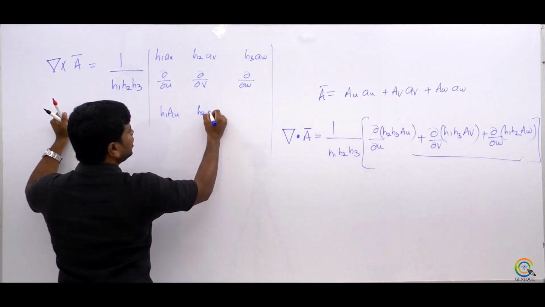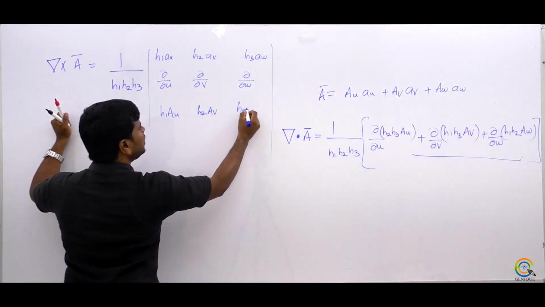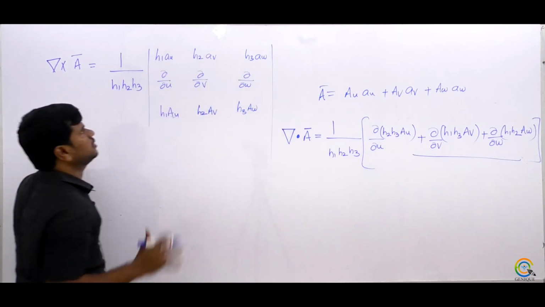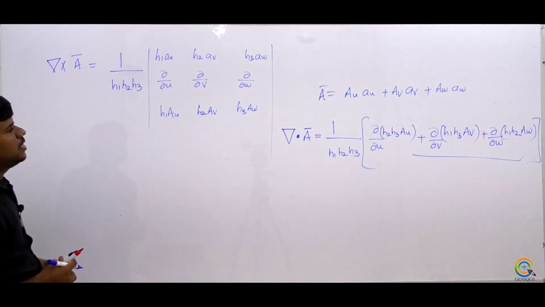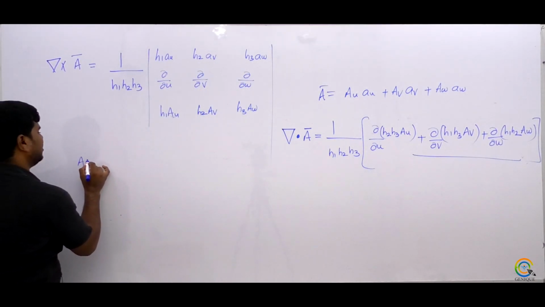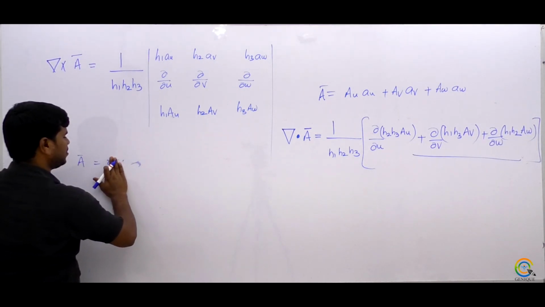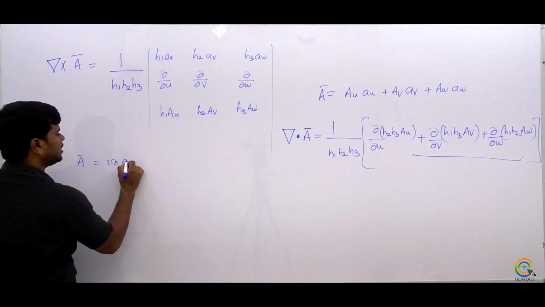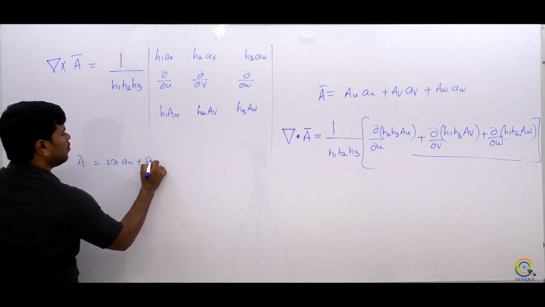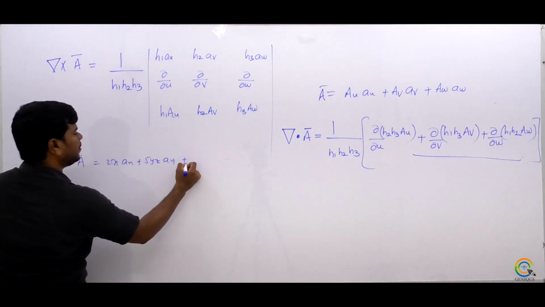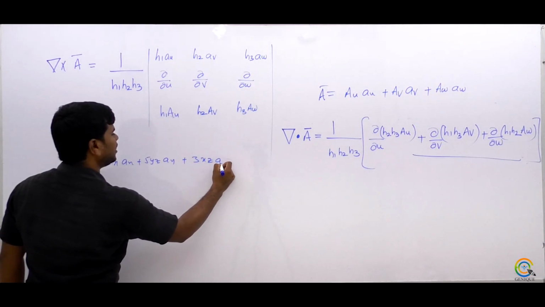So like this. Suppose any vector is given as 2x AX plus 5YZ AY plus 3XZ AZ.